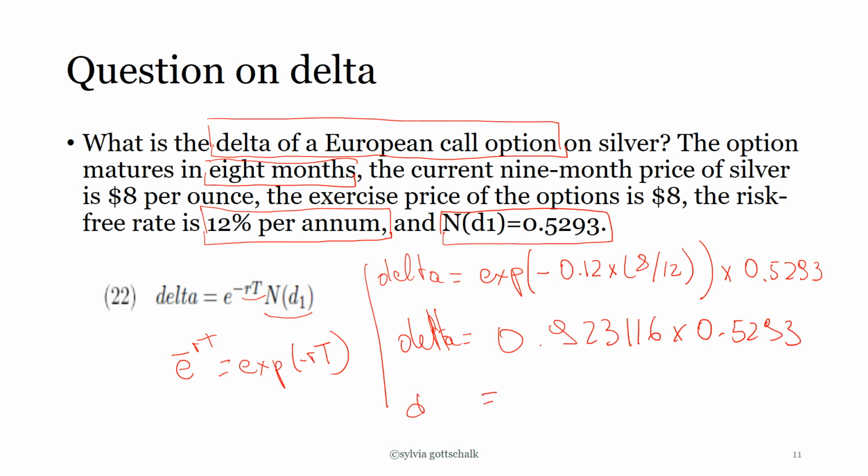So delta is 0.488605. Now this can be rounded up as 0.49. But until you get to the end, you have to keep at least 6 decimal points to make sure you don't have rounding errors at the end.